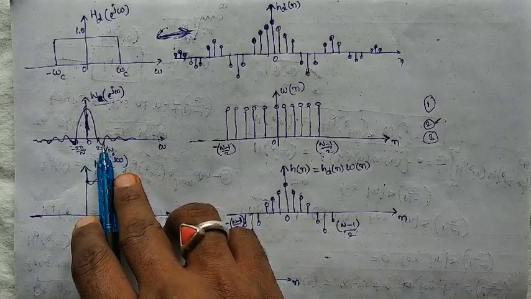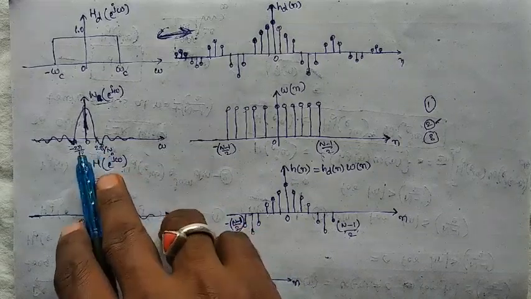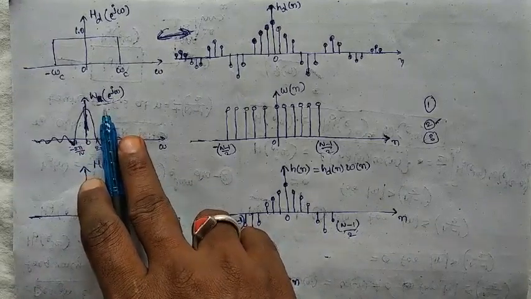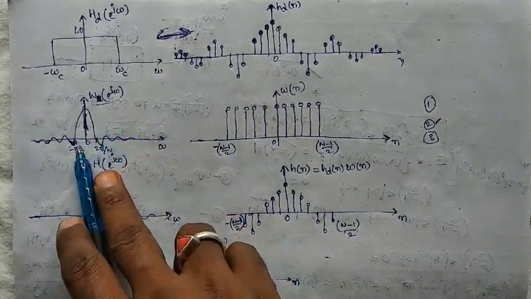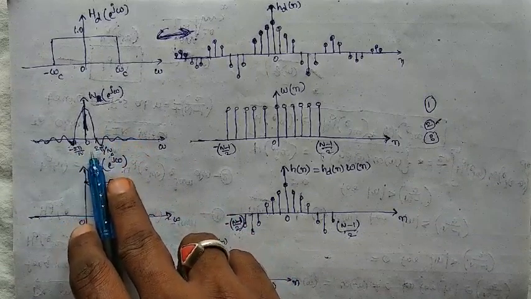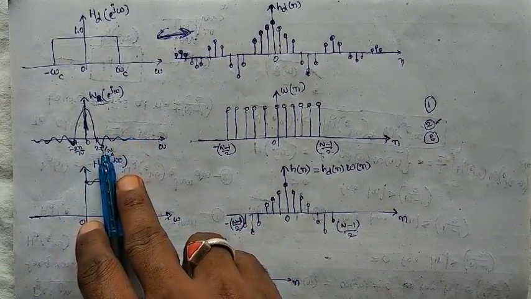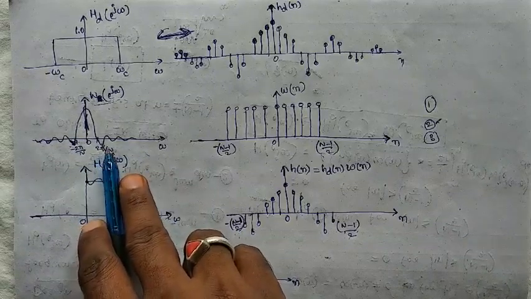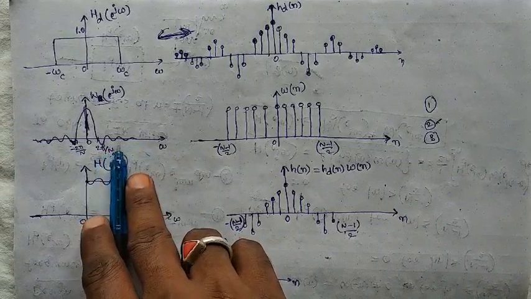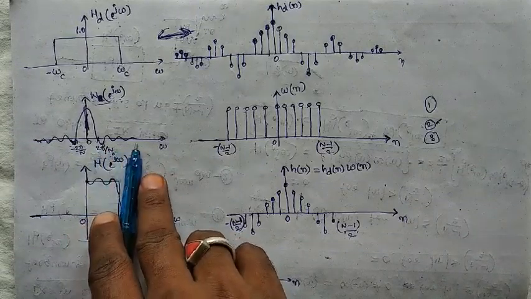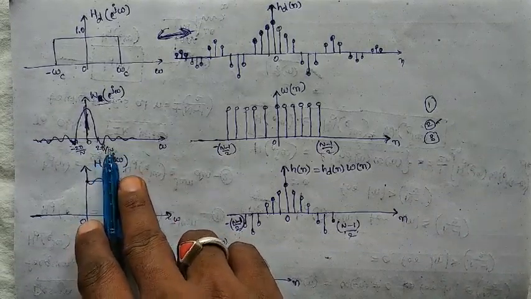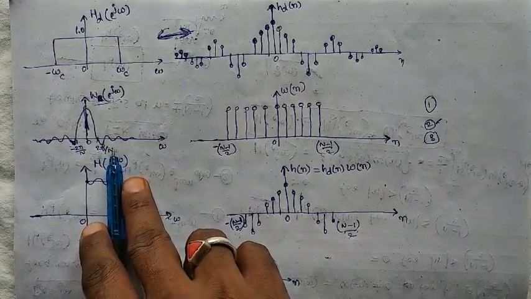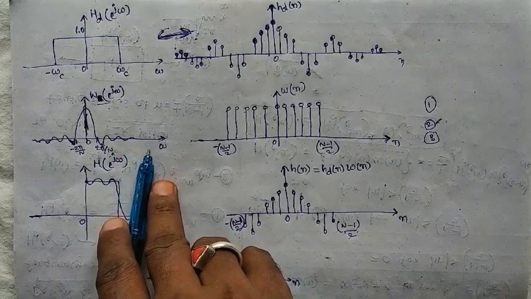This is the second desirable characteristic of the frequency response of the window. The third one is that the energy content of the side lobes decreases with the increase of frequency, that is, as omega tends to pi.